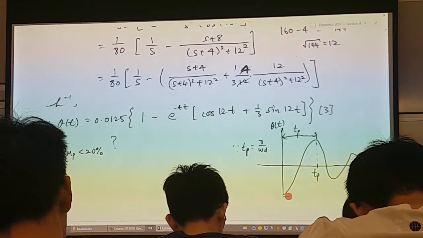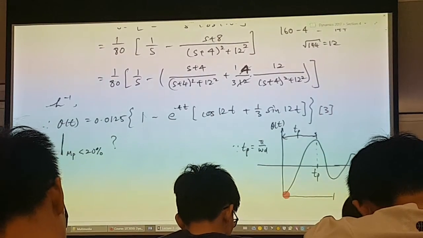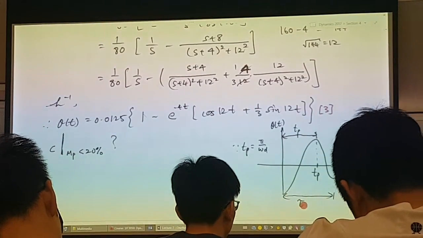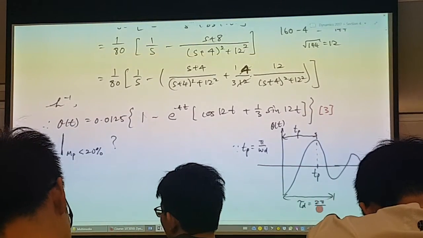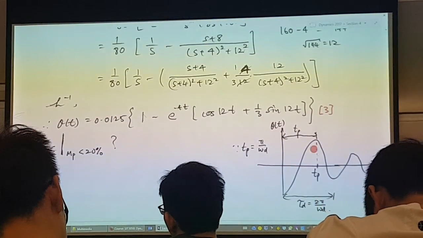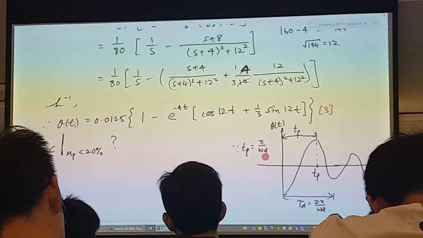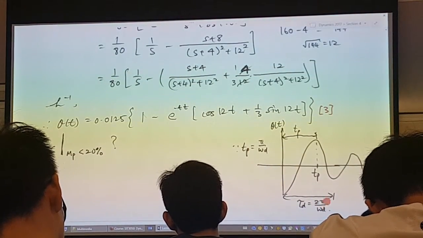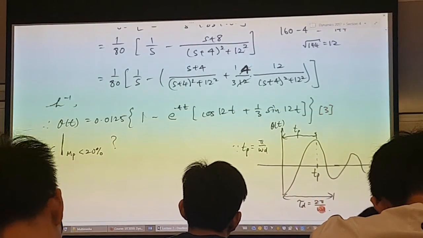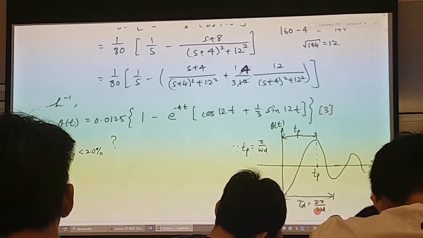But for tau t, there's a period of damped oscillation, that's 2 pi over omega d. So please don't be confused with these two. I've said it before, that students thought that TP is 2 pi over omega d. That's incorrect.